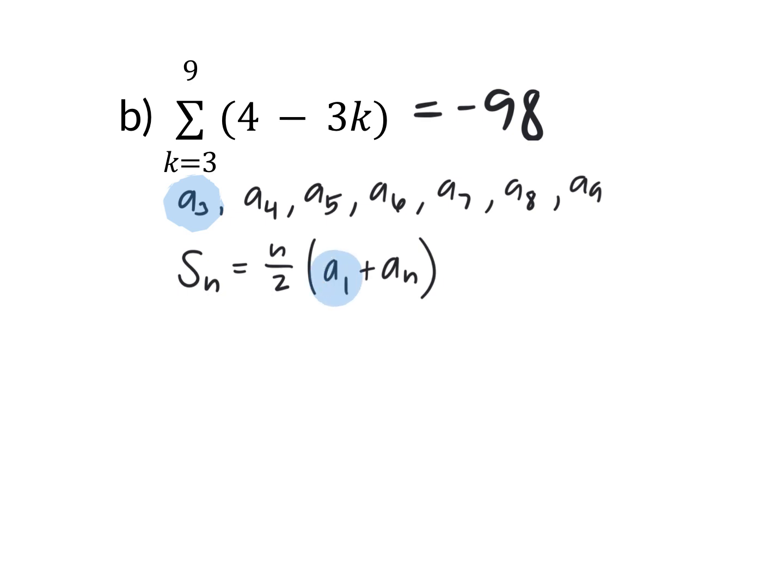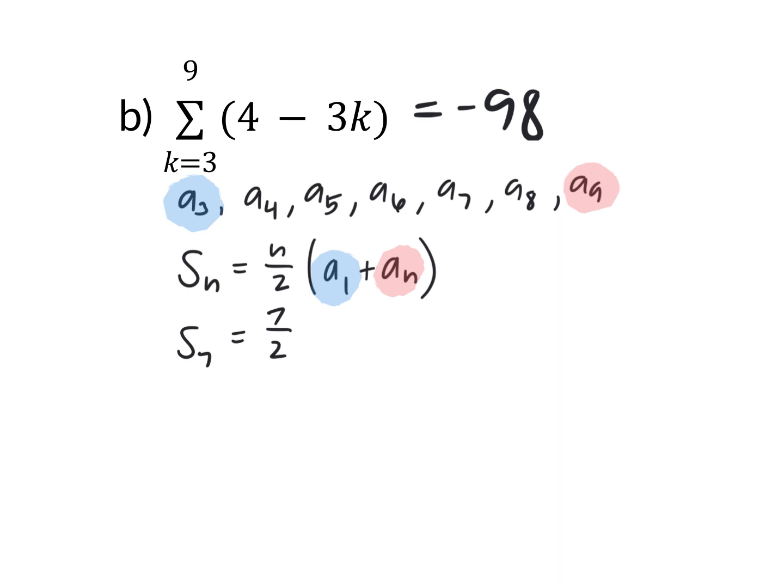My last term in the sequence is a sub 9. That will still be my a sub n, even though in this case n is actually not 9, it is 7. Does that make sense? Because we have to account for those other 2 that we're taking away since we're not starting at 1. So I'm going to find my summation of those 7 terms by taking 7 divided by 2.